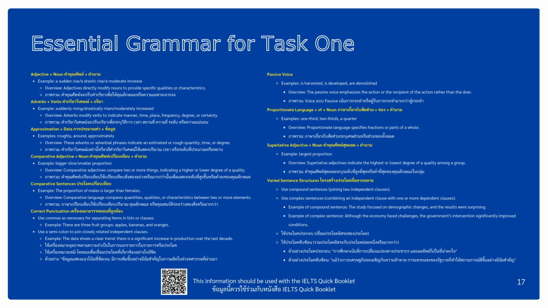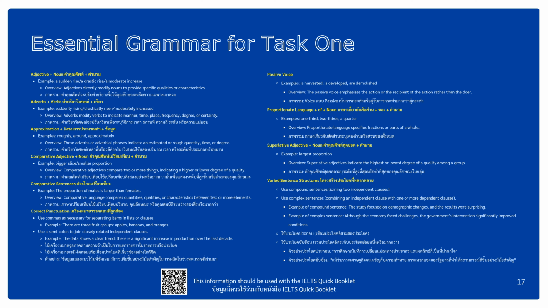Don't forget to also make sure your sentences are well varied. Use compound sentences to join two independent clauses together, or complex sentences where we also have dependent clauses. For example, the study focused on demographic changes, and the results were surprising. This would be a compound sentence.